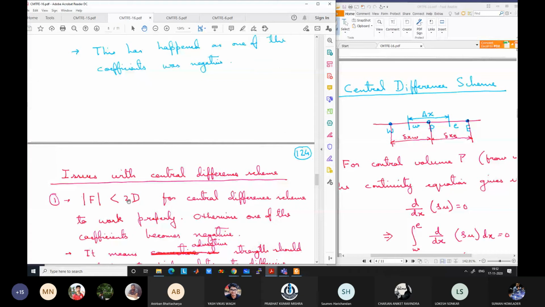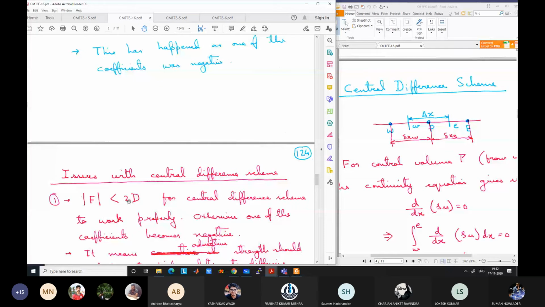There is a way to tackle this. Can anyone suggest cleverly how to tackle this situation? Say the flow velocity is quite high, still I want to use the central difference scheme. There is a way to do it.